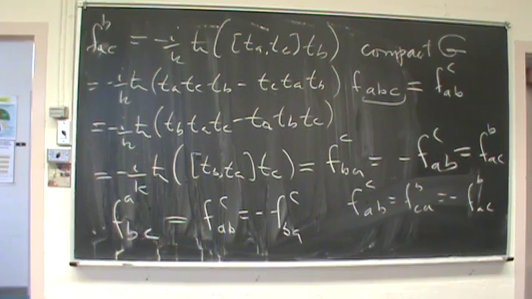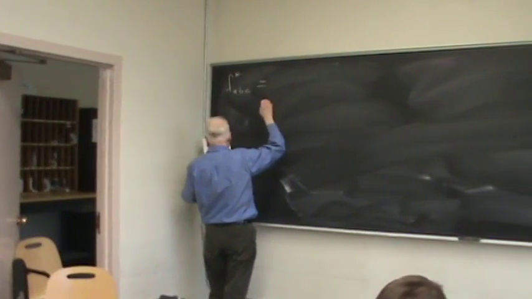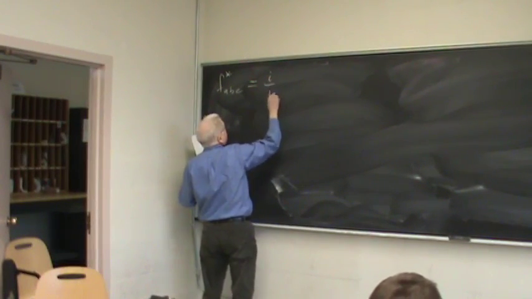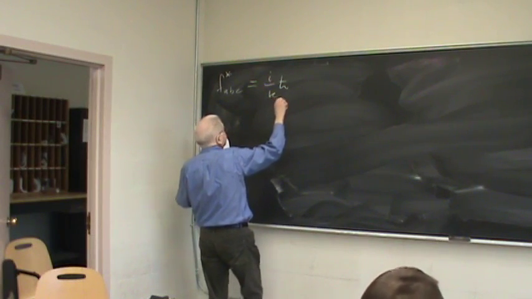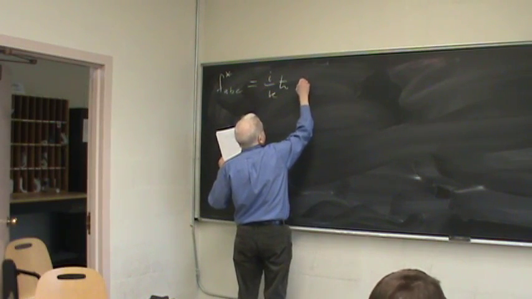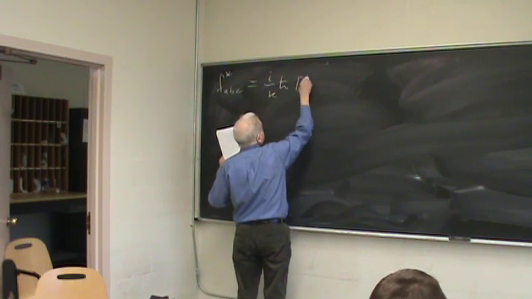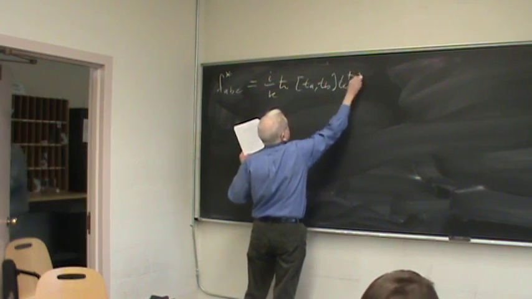And to see that, we just take the complex conjugate of F_ABC, and that would then be i over k trace, and we would have basically the complex conjugate of T_A T_B T_C dagger.